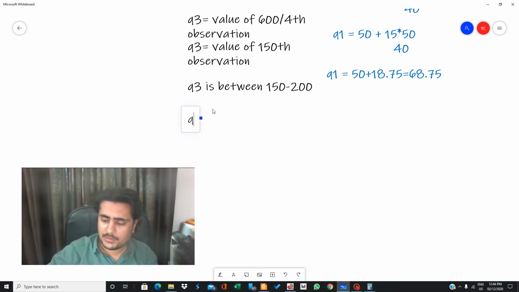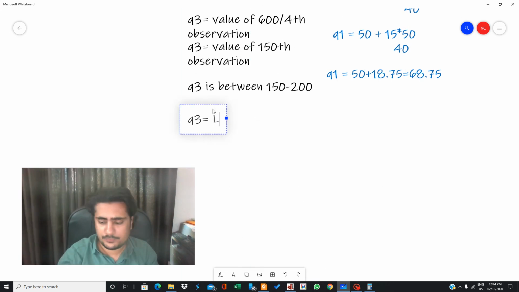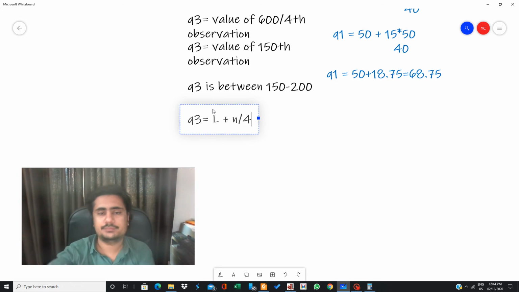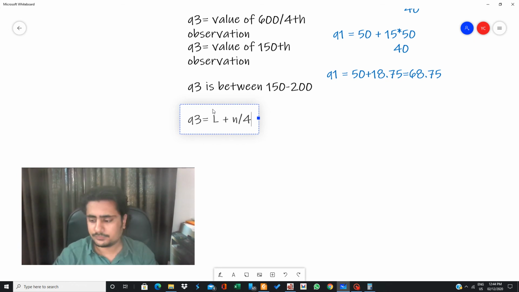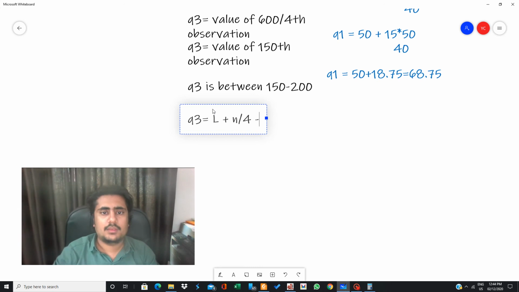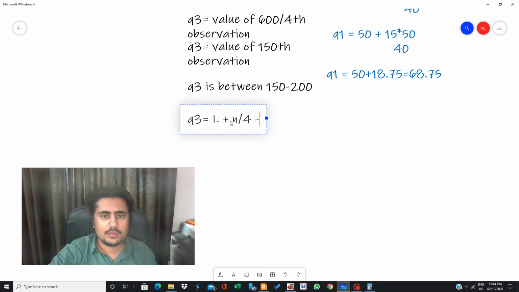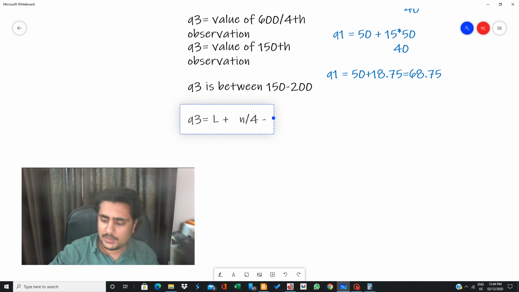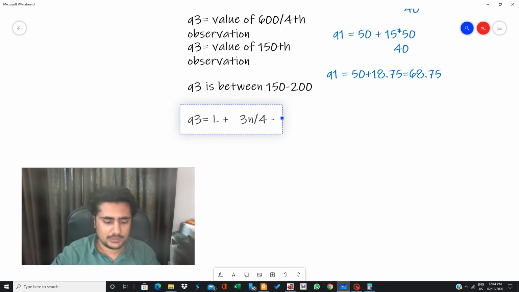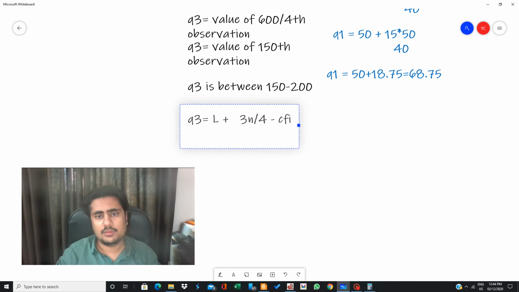So my formula is Q3 is equal to L plus n by 4 minus CFI upon Fi.